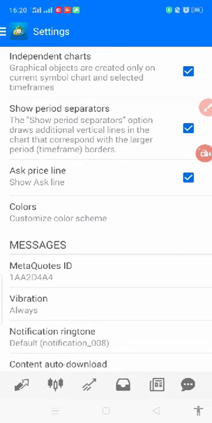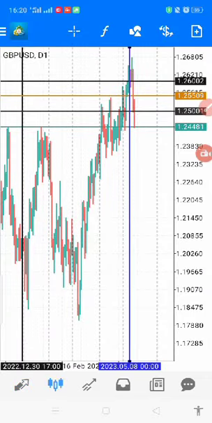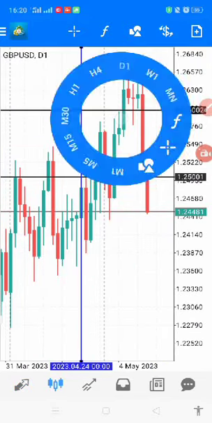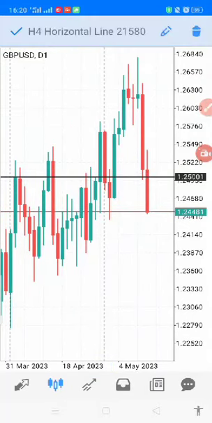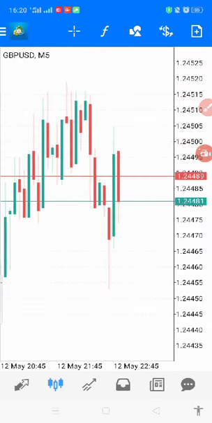Then we have the ask price line. We have two types of lines that display on the chart. Let me delete some of these things so that you can see them. Now we have two lines displayed on the chart.